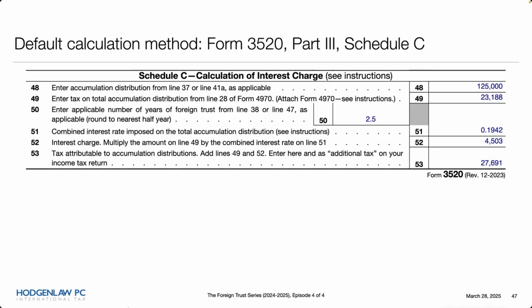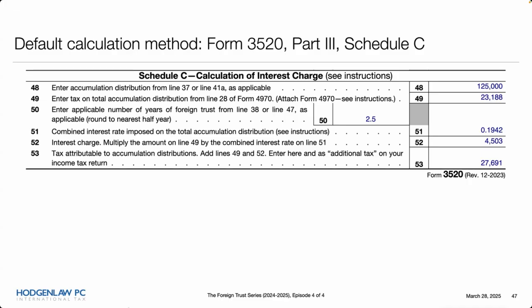Next, we're going down to the accumulation period. Remember, we did some math on line 37. Oh, there it is, line 38 for Schedule A, or line 47 for Schedule B. This is the accumulation method.